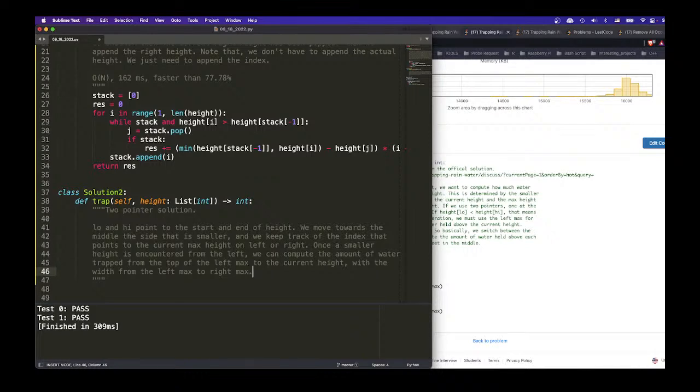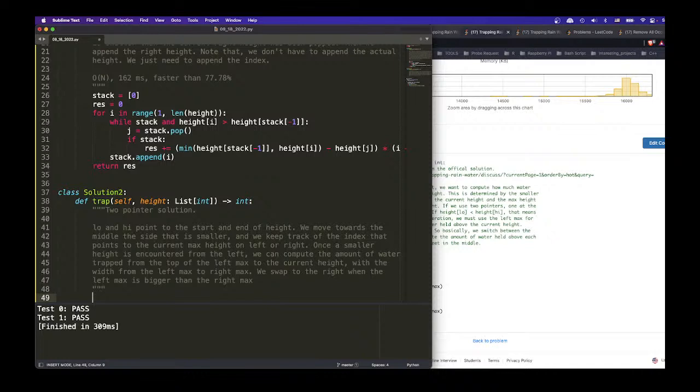Yeah. We swap to the right when the left max is bigger than the right max.